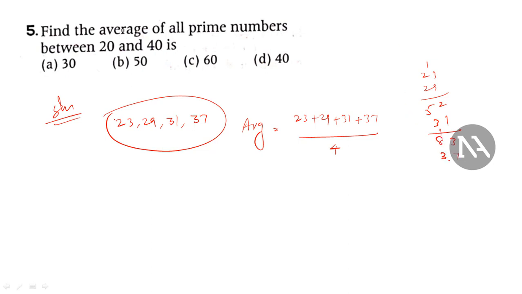Then 83 plus 37, 3 plus 7 is 10, 0, carry 1, then 8 plus 3 is 11, 11 plus 1 is 12, so 120. So 120 divided by 4, so 4 1 times and 3 4s are 12, so I can write the answer is 30. So this is the answer, option A.